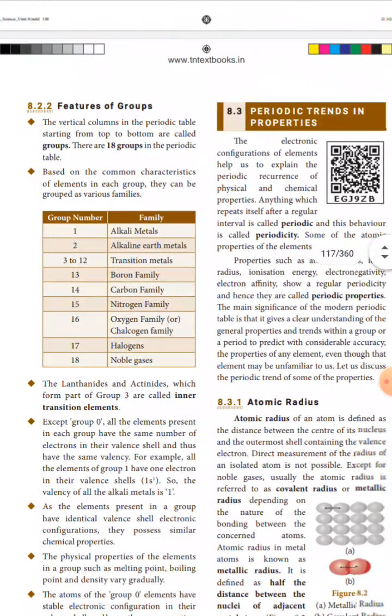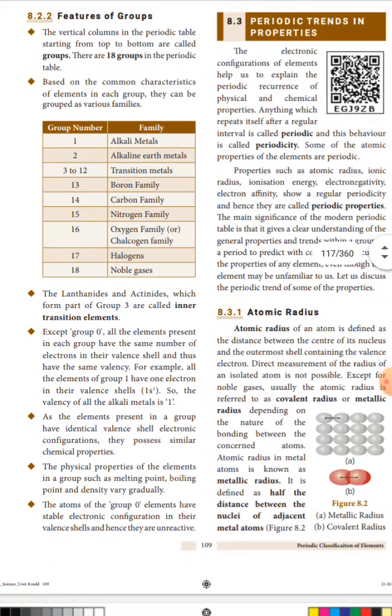What are called groups? The vertical columns in the modern periodic table are called groups. There are 18 groups in the modern periodic table, and based on some common properties, these groups are classified into different families.